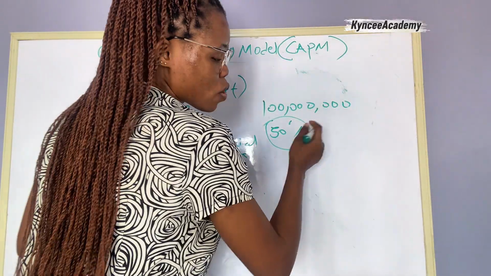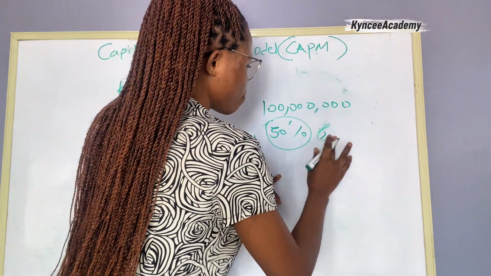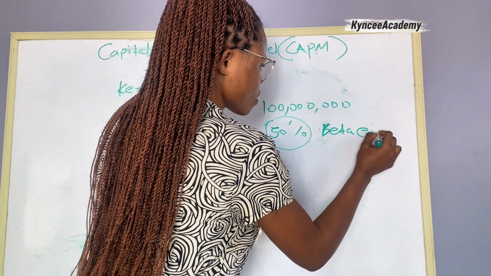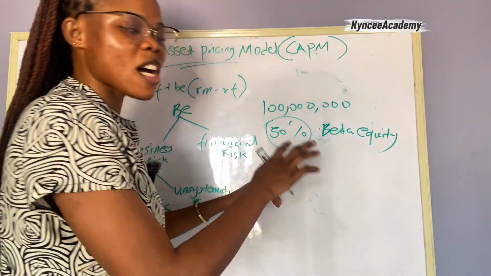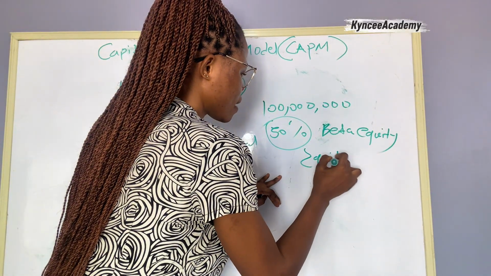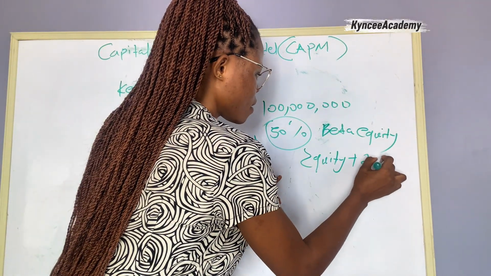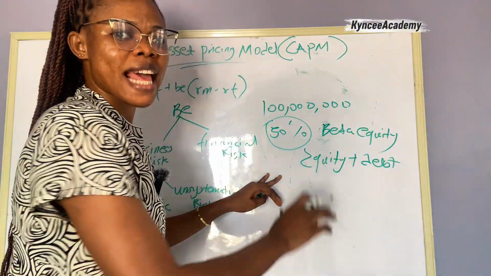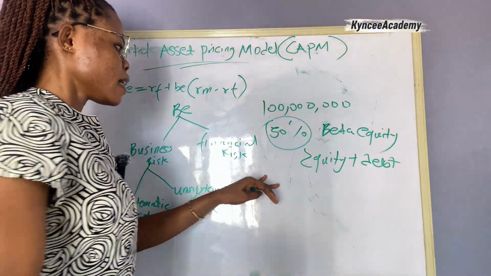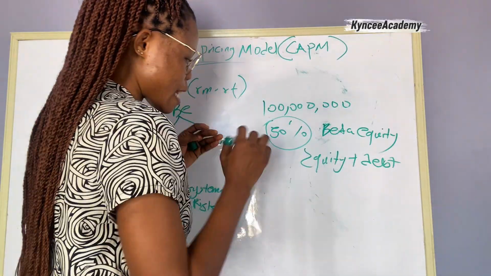So that's beta of equity. Remember we said that beta of equity is the combination of both equity and debt, when a company uses both to finance a project. Then we also have beta of assets. I explained it earlier.